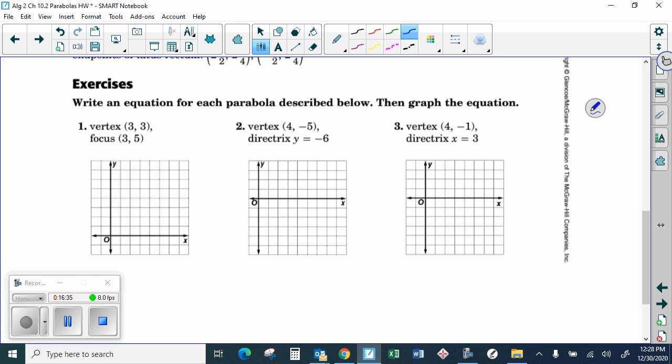We'll do number 2 here, since there are 2 with vertex and directrix. Vertex (4, -5). The directrix is y equals -6. Notice that only went 1 down. So I go 1 up to get the focus. There's the focus.